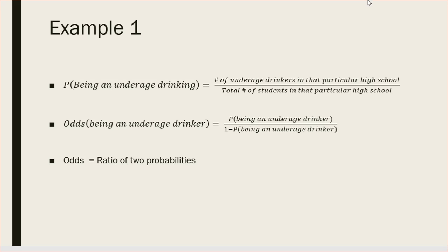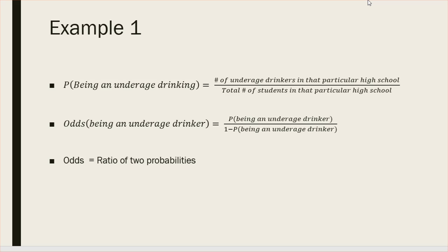So, now I'm going to show you the difference between probability and odds in an example. We will use underage drinking for this example. As you can see from the formula, the probability of being an underage drinker is the total number of underage drinkers in a particular high school divided by the total number of students in that high school.